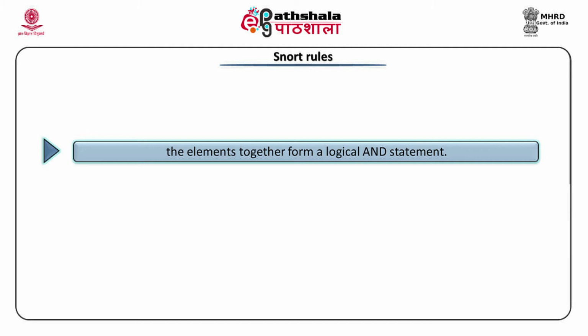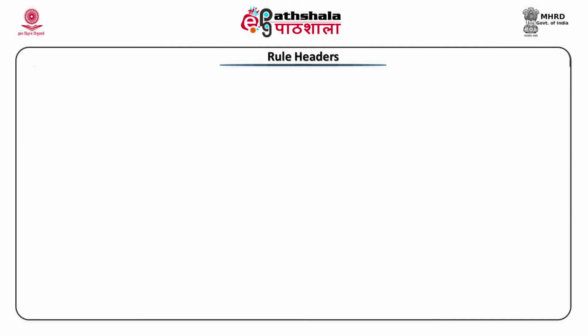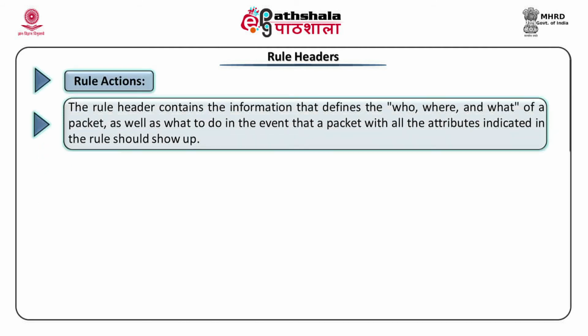The rule options section is not specifically required by any rule. They are just used for the sake of making tighter definitions of packets to collect or alert on. All of the options should be true to indicate an action. When Snort rules are taken together, meaning in one file if you have defined many Snort rules, they are logically ORed, and various rules in a Snort rule library file can be considered to form a large logical OR statement.